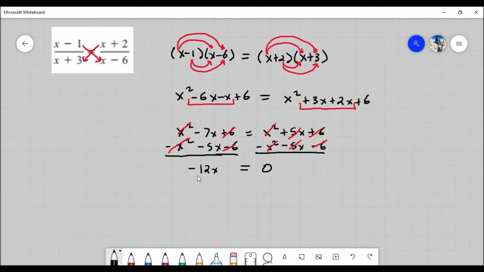So now when I go to solve this equation, to get rid of that negative 12 from the x, I'm going to divide both sides by the negative 12 to get x is equal to 0. And that is your solution there.